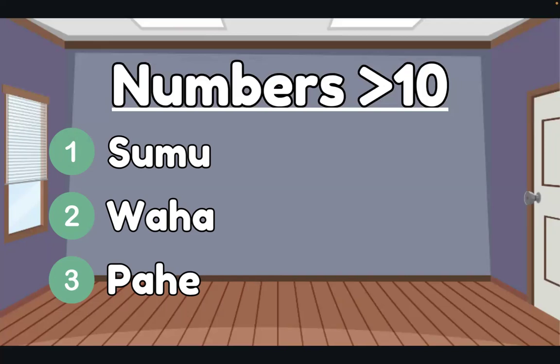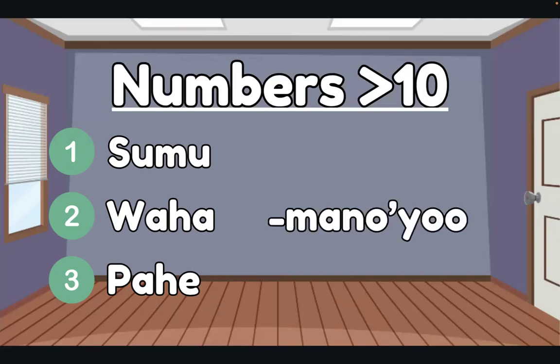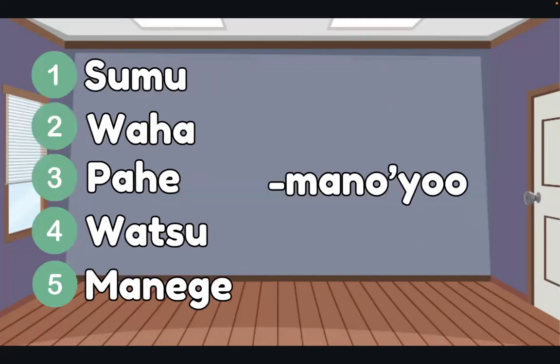In place of that suffix Y-O-O, you're going to add this other suffix, Mano-yu, that indicates by tens. By tens.